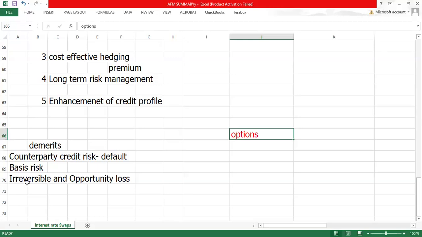But with swaps, once you enter into the arrangement, it's hard to cancel. And if you realize that the rates are now favorable or lower, you cannot benefit.